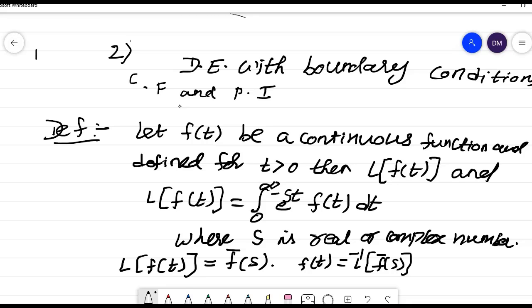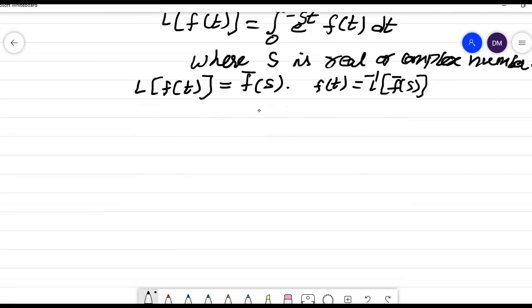See here the symbol L denotes the Laplace transform.